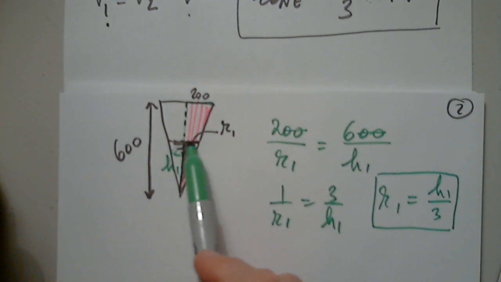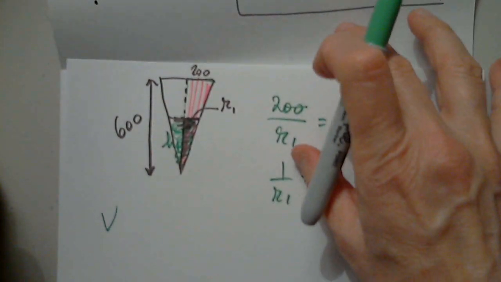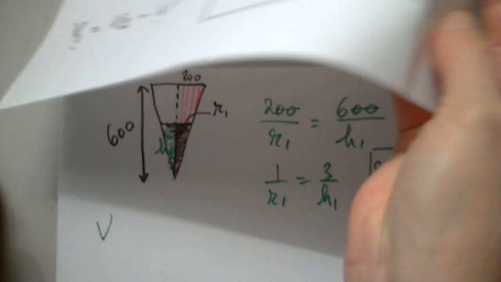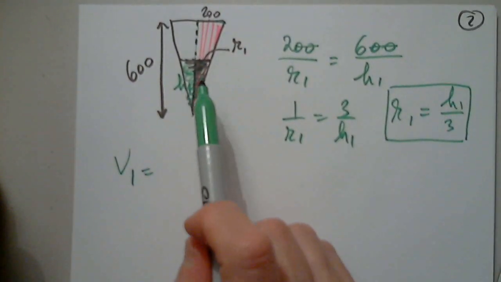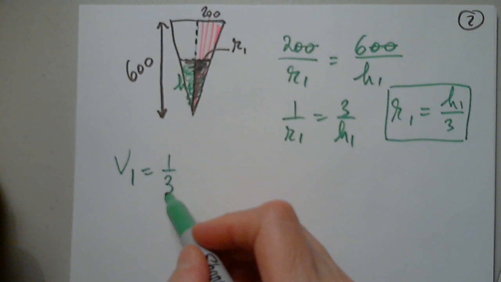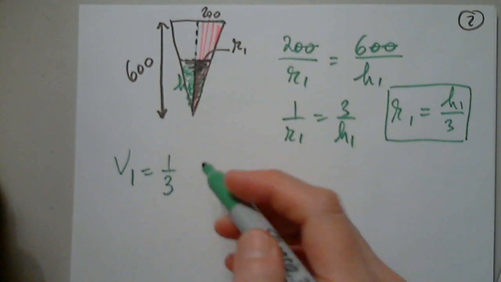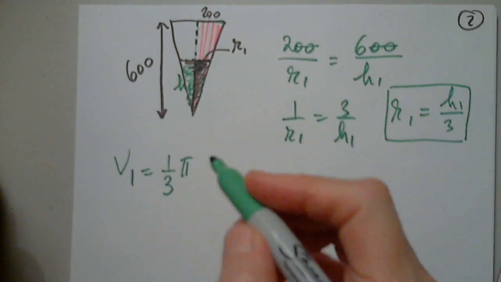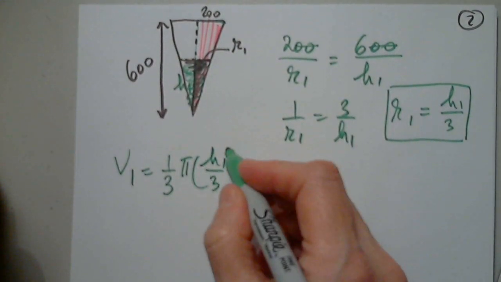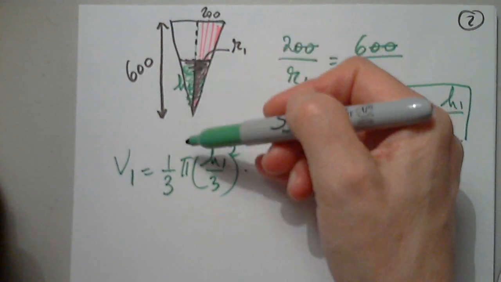Now I can express the volume of water here. So the volume of water, V1, is 1/3 pi r squared, H1 over 3 squared times H1.